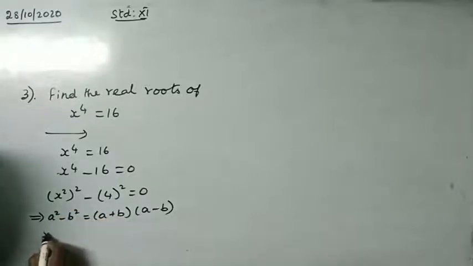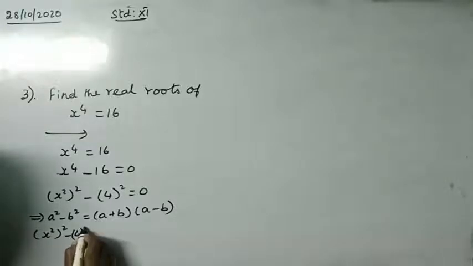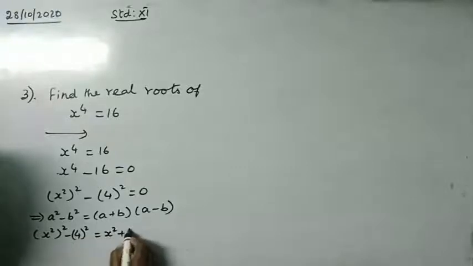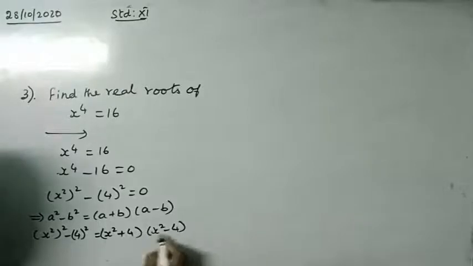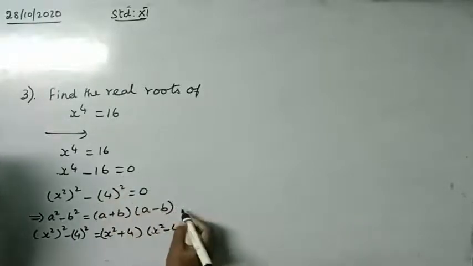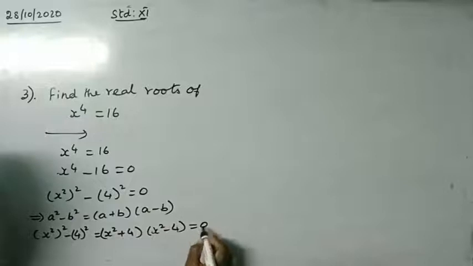So (x square) the whole square minus (4) the whole square is equal to (x square plus 4) and (x square minus 4). Here I have taken is equal to 0.